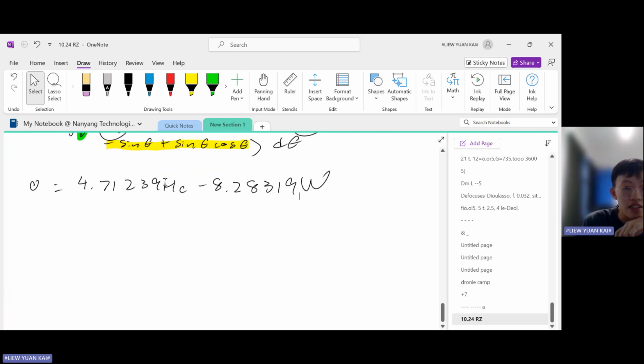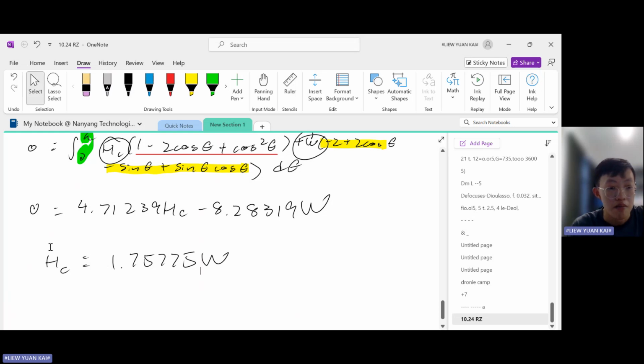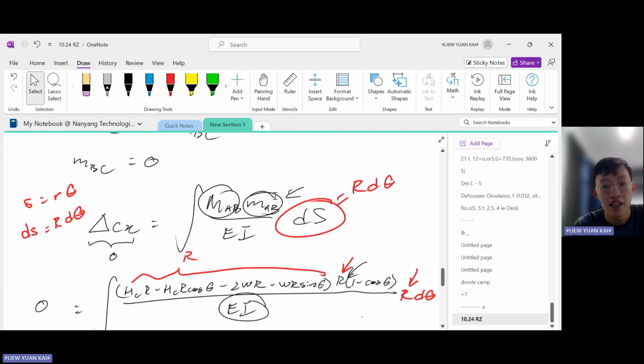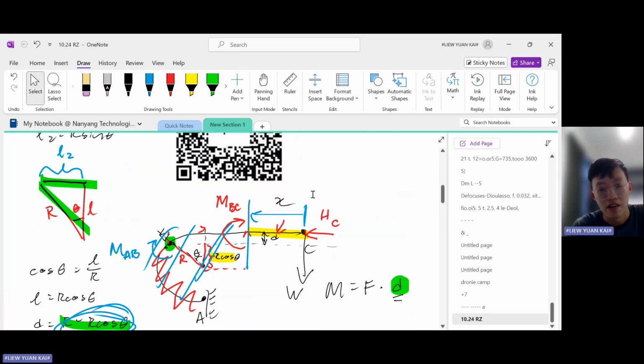So what's the meaning of all this? What this helps you do is find HC. You make HC the subject, and you will get 1.75775 W. Why? Because HC is actually an unknown. Where do we get HC from? HC is something we get after we draw the free body diagram. We remove the slot, and the slot is replaced by the reaction force, HC.